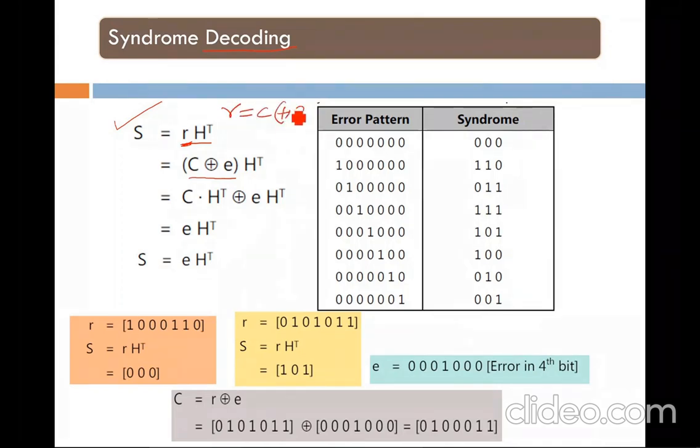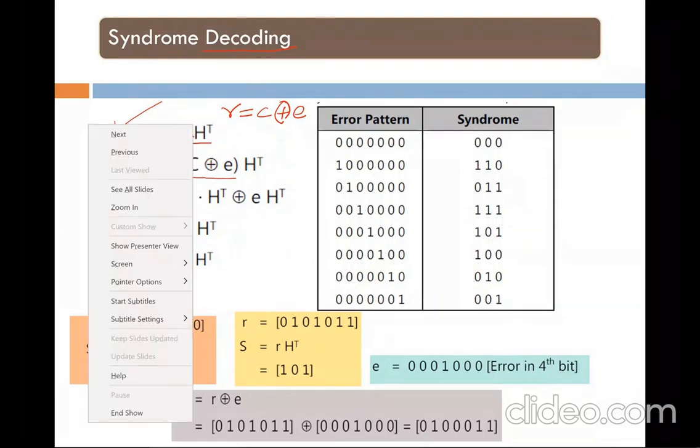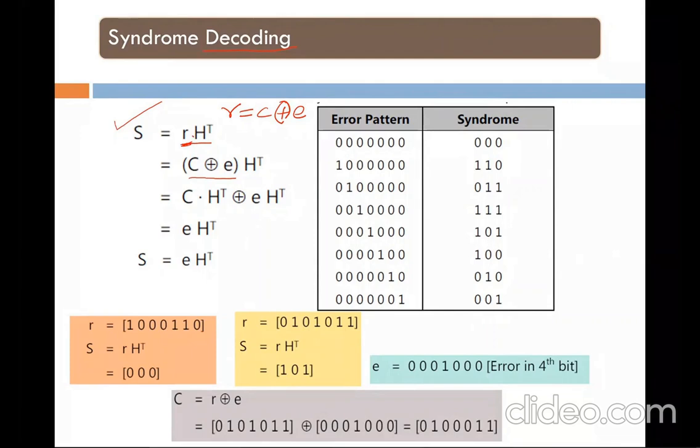Now we know that addition in the binary field is modulo-2 addition. So C XOR E, right? So this is R into H transpose. I hope now H is clear to you. Yes, it is the parity check matrix, and its transpose is taken.